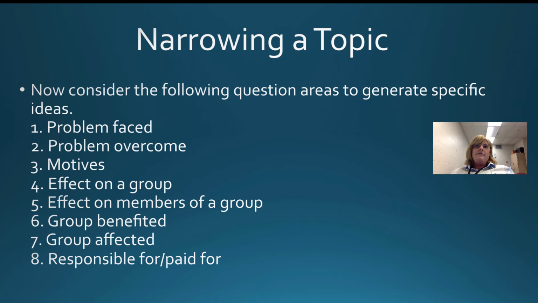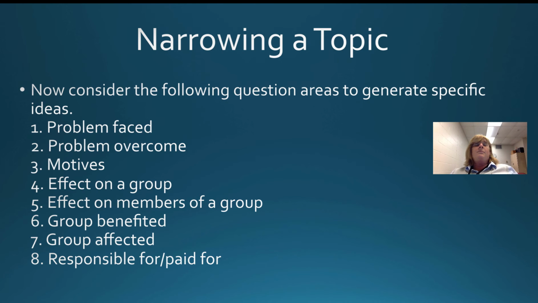Once you've got your 5 words in each category, you can look at each of those and you could say, all right, problem faced by the police, problem faced by the parents, problem faced if you were doing immigration, problem faced with securing the border, problem faced with, I don't know, AIDS research, arguing for more funding for that. Problems faced, okay? Problem overcome.